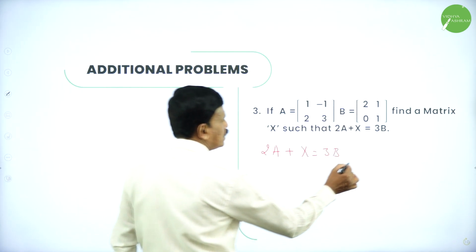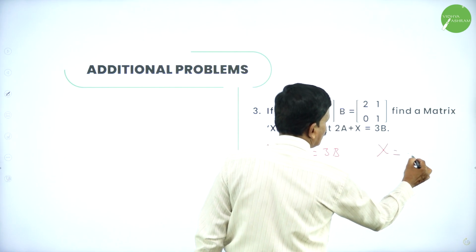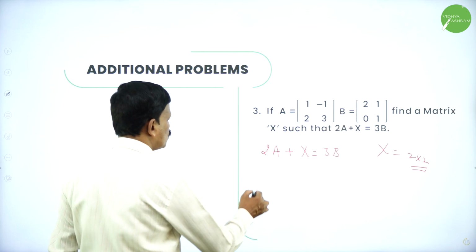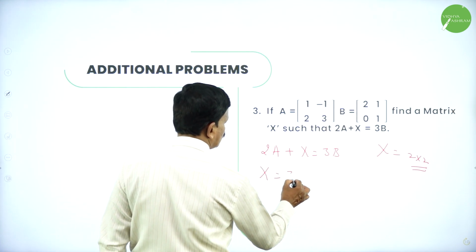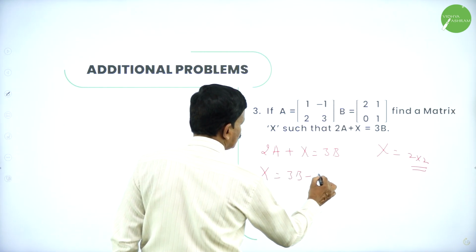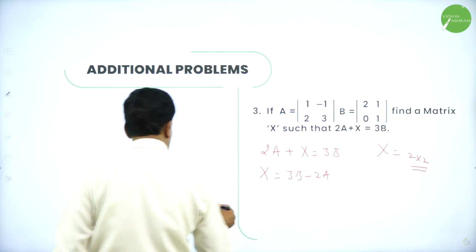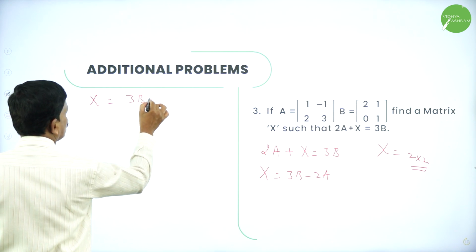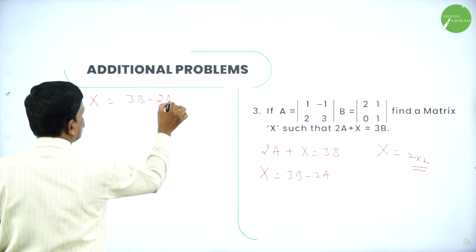Here this matrix X is nothing but a matrix of order 2 rows and 2 columns, that is to be determined. So from this I can write X is equal to 3B, and transferring, this becomes minus 2A. Therefore the matrix X is equal to 3 times the matrix B minus 2 times the matrix A.